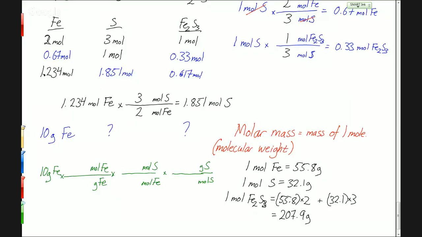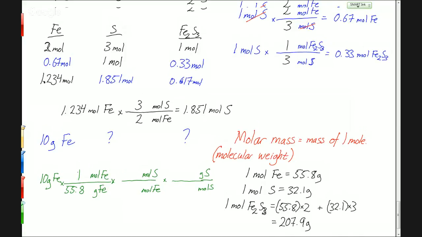So let's fill in those numbers. How many grams of iron are in a mole of iron? Right, 55.8. That's that molar mass. And how many moles of sulfur are in moles of iron? How do we find that? Right, that's going to change based on the equation.